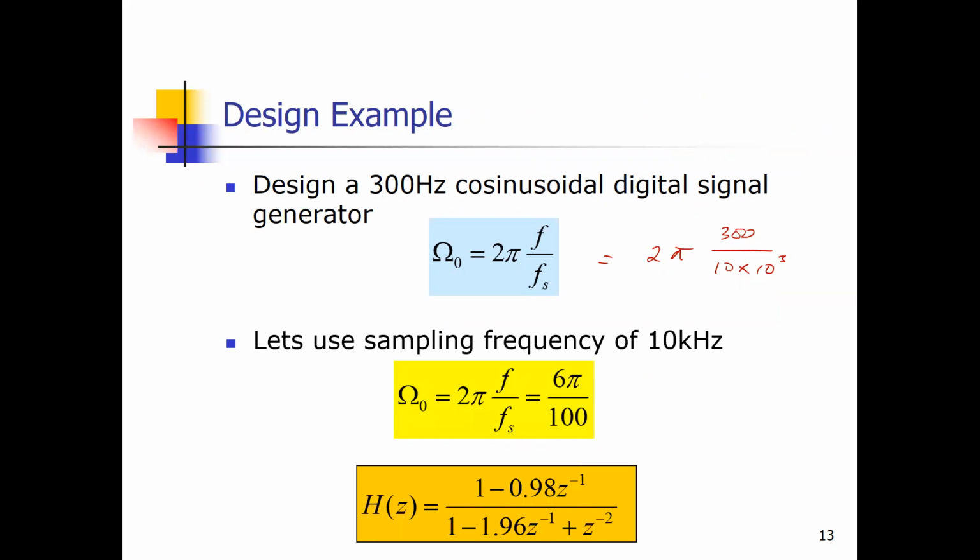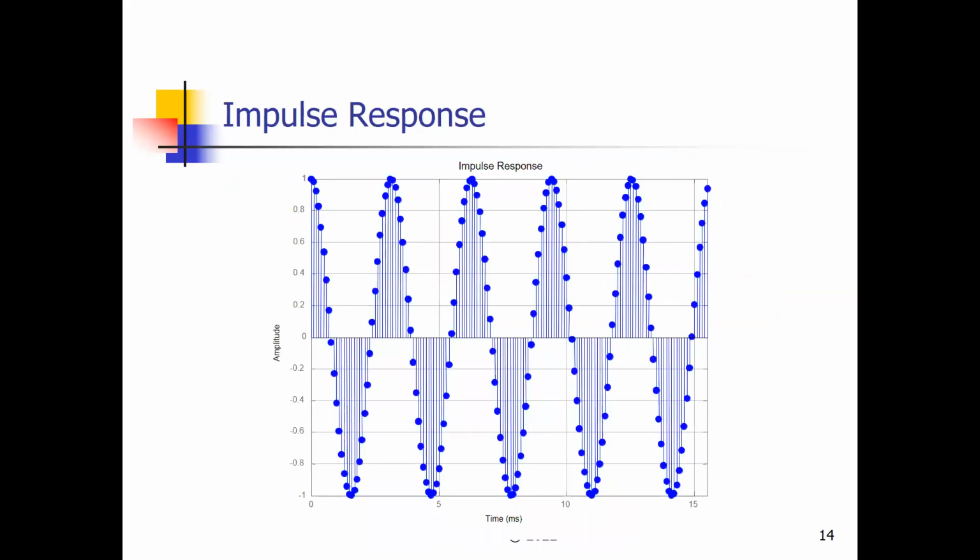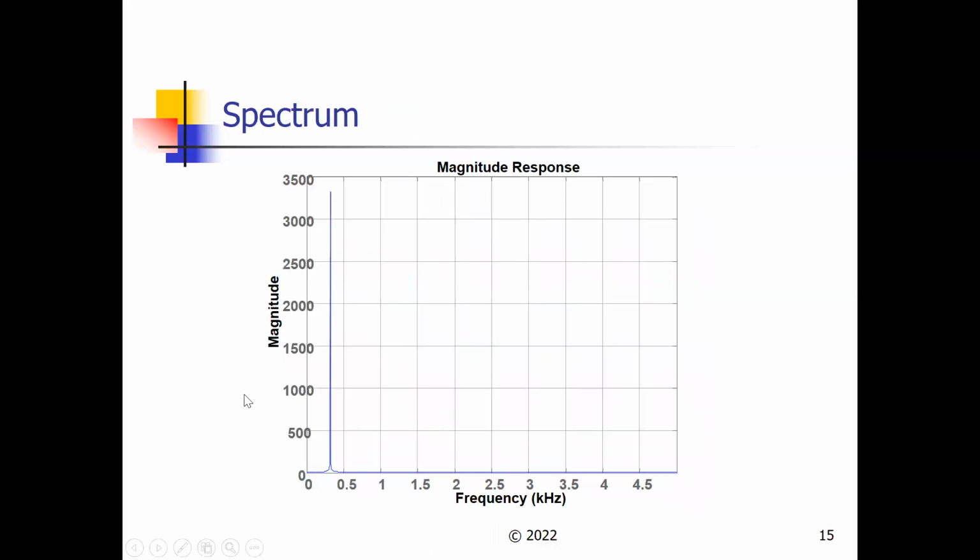If you get that transfer function, you could use something like MATLAB to generate the impulse response. So you put a 1 into that and look at what the impulse response looks like. Notice that the envelope is your cosine signal. If you want to confirm the frequency is correct, you can do an FFT or ask it to do a frequency response for you.